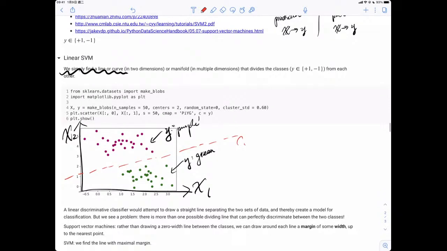So the question is, how do we find such a line?